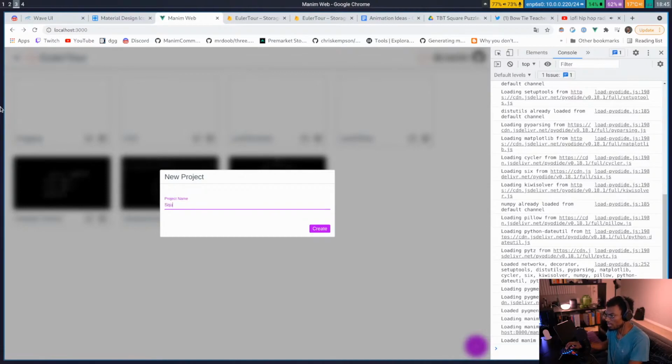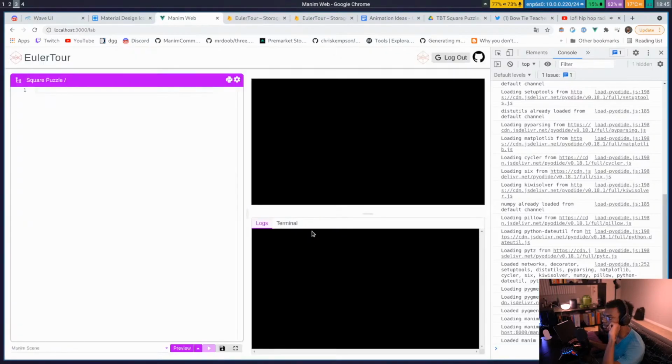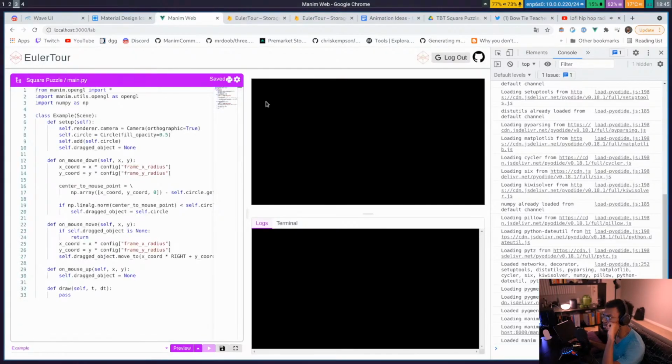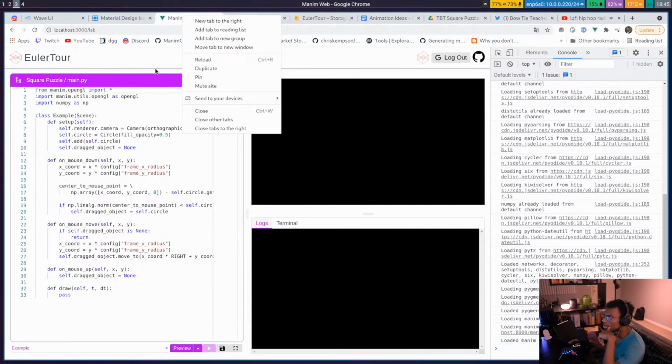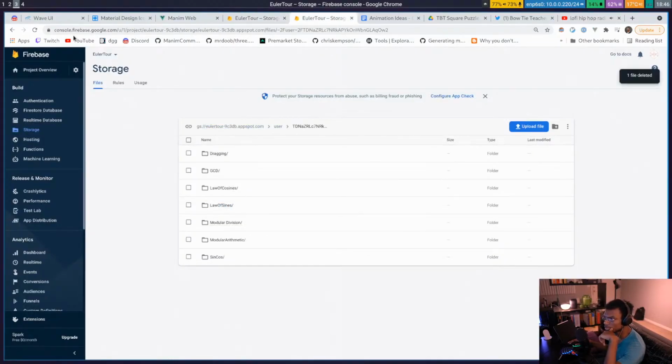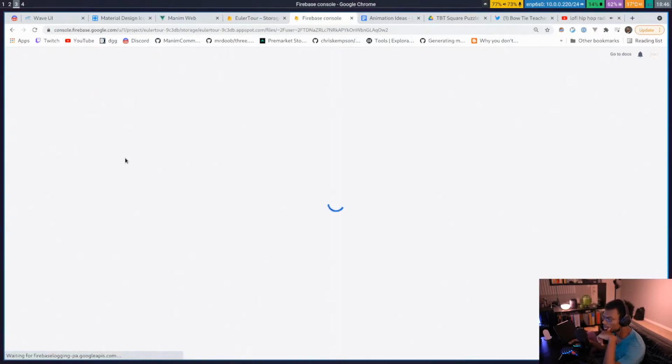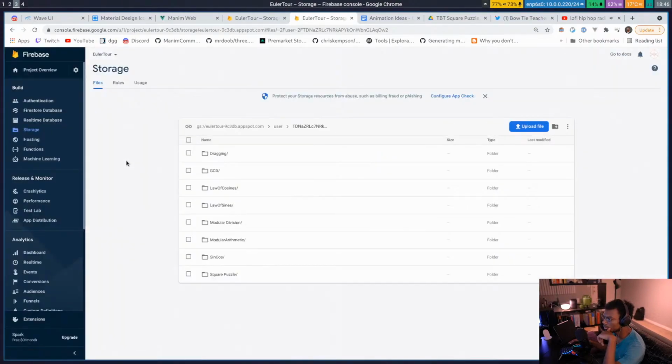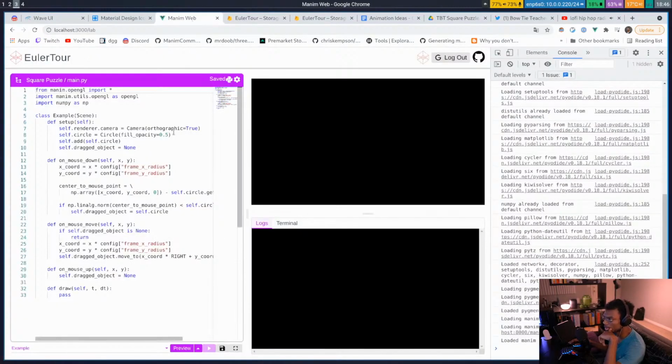So I'll just call it a square puzzle. Probably as good a name as any, and then this should be saved in my storage. Like so. Okay, so I think that's working.